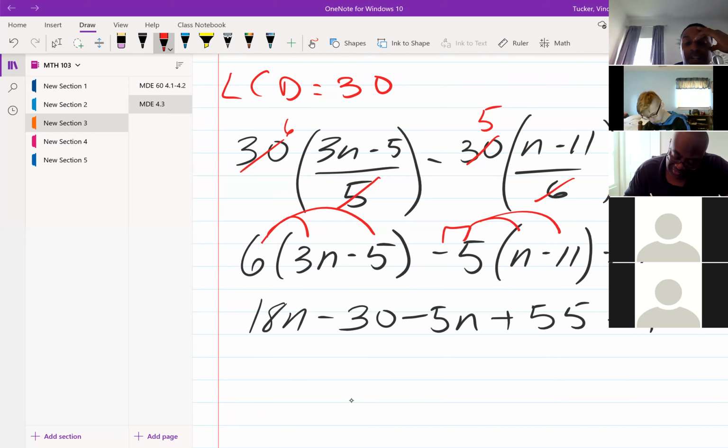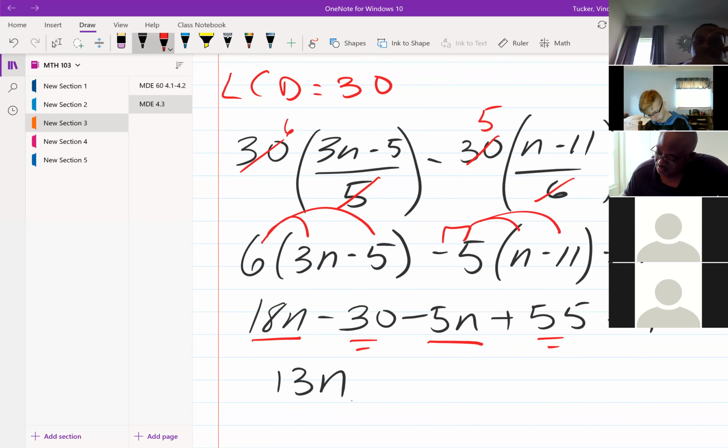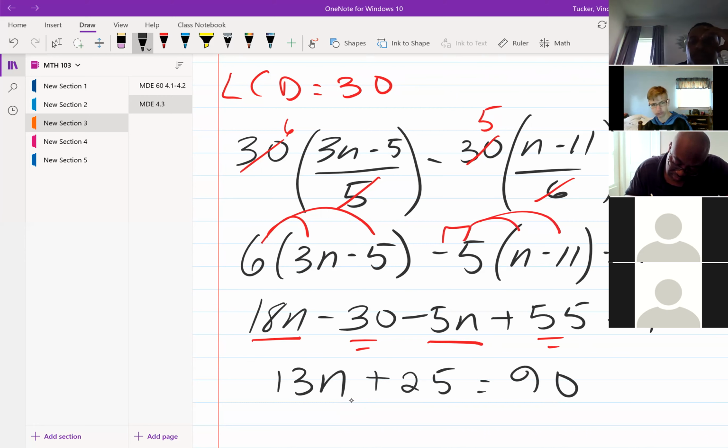So now we can combine the like terms. 18n minus 5n is 13n. Negative 30 plus 55 is plus 25. That's equal to 90.